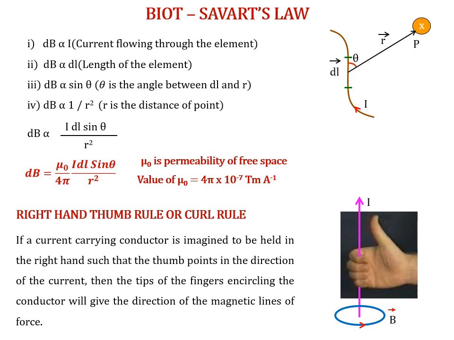If a current carrying conductor is imagined to be held in the right hand such that thumb points in the direction of current, then the tips of the fingers encircling the conductor will give the direction of magnetic field lines. Suppose we take point on the other side of the conductor towards the left.